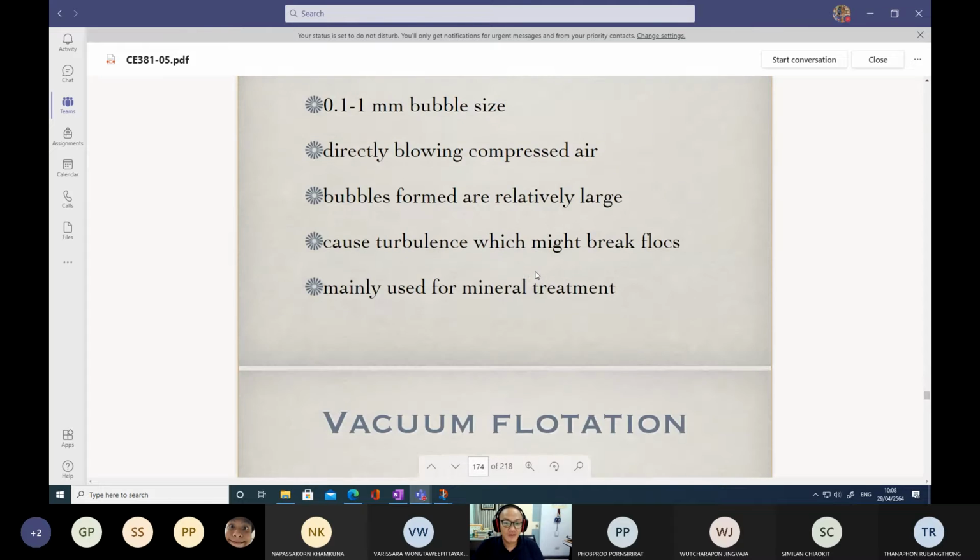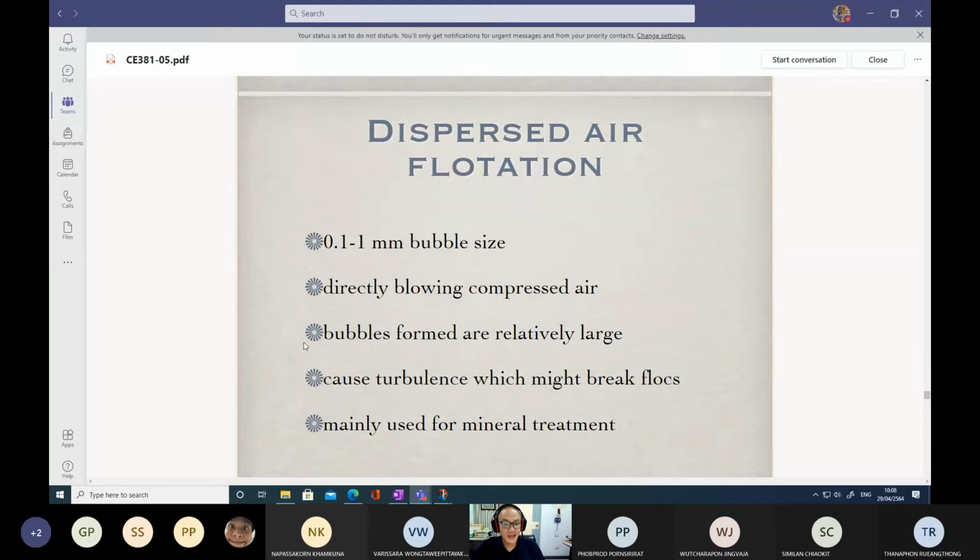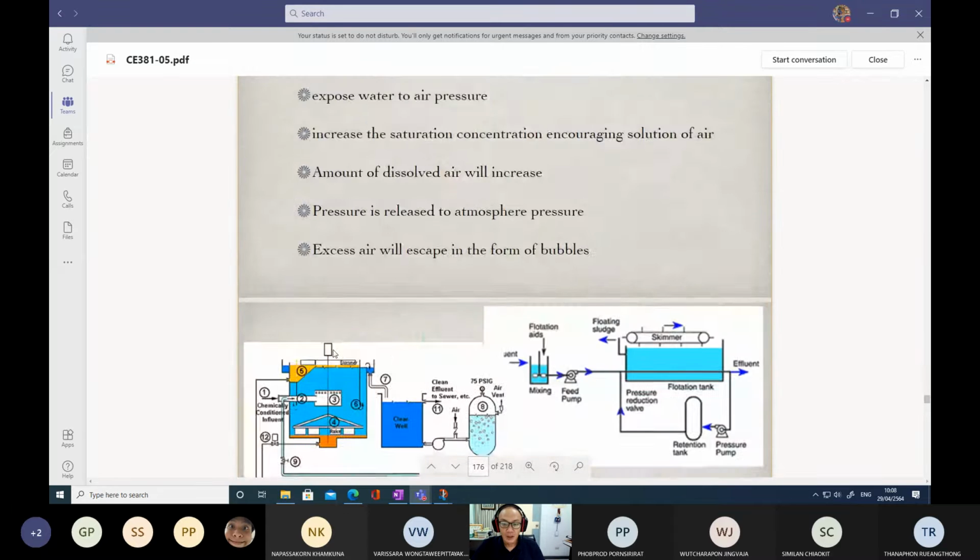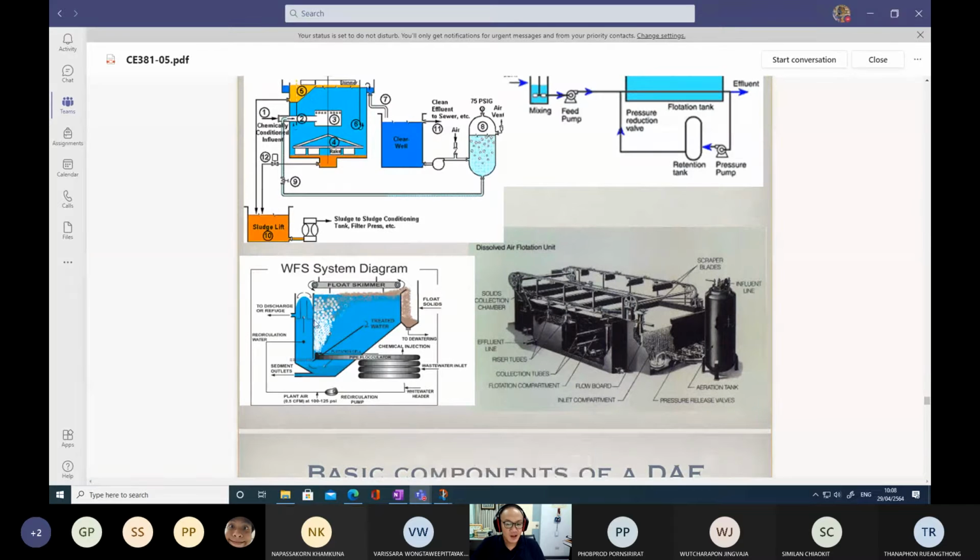So how does the first one, dispersed air flotation, look like? You have to look at the pictures at the lower left corner. Basically, we provide air bubbles, as you can see here. We blow the air bubbles with a size as small as possible.